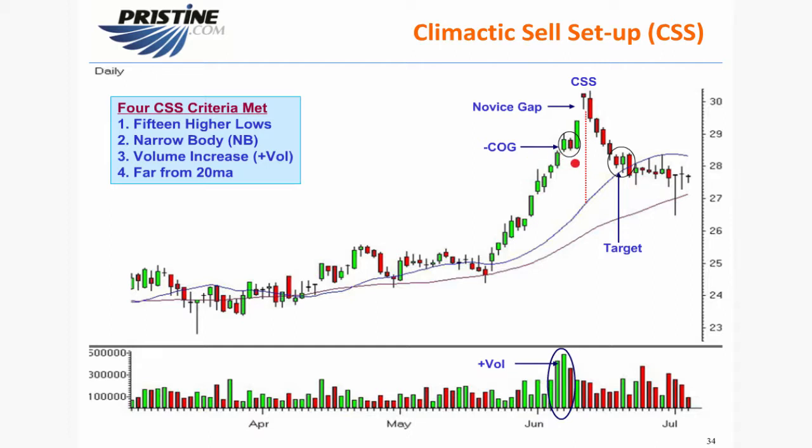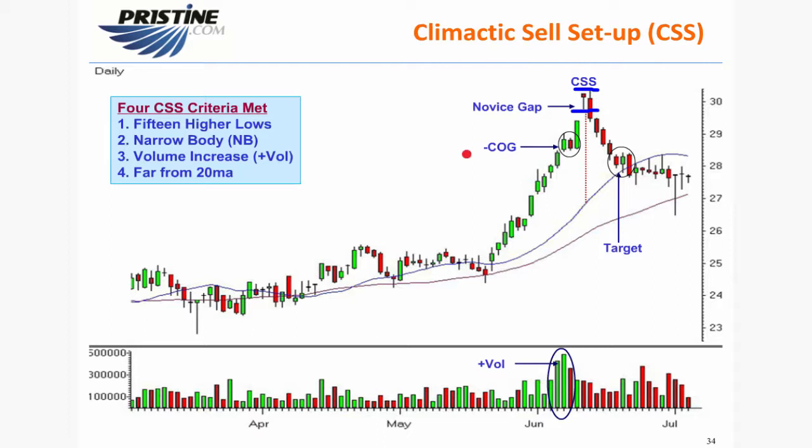That was a climactic sell setup that just simply never triggered. It continued to extend a bit higher. Then you got the novice gap up, which eventually led to the breakdown below the bottoming tail, triggering the entry. Your stop goes over the high, and then your target is down in, again, the 20 MA area.